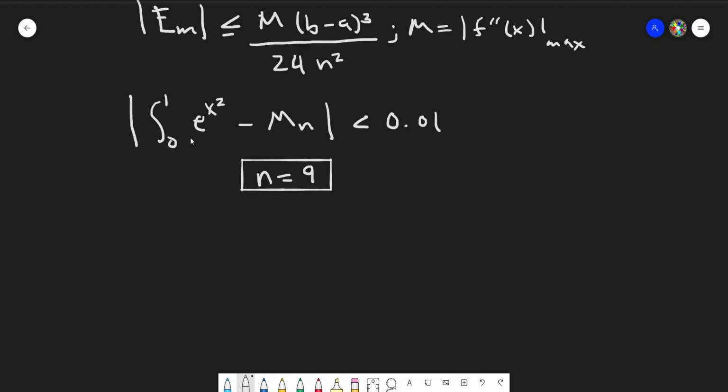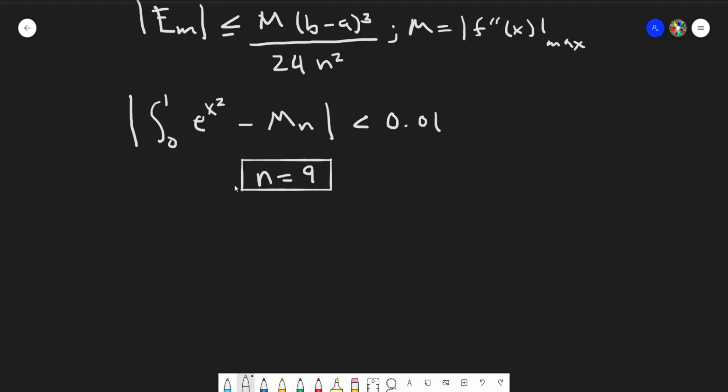We can't find a conventional method of integrating e to the x squared, so we avoid it by taking the numerical approximation for the integral from 0 to 1 of e to the x squared.